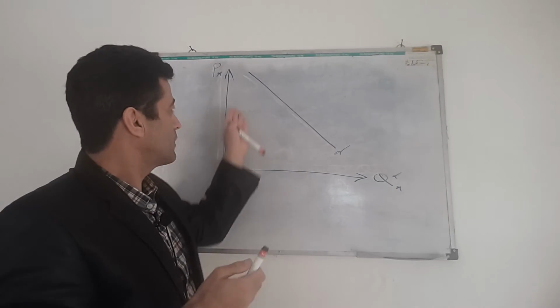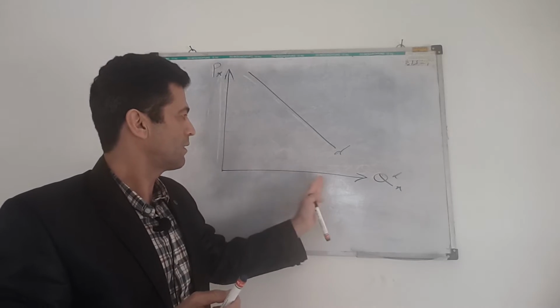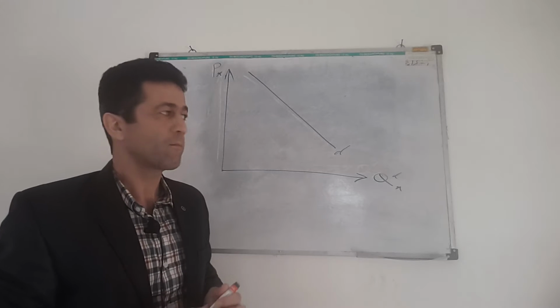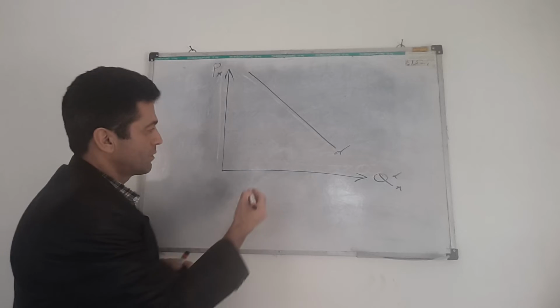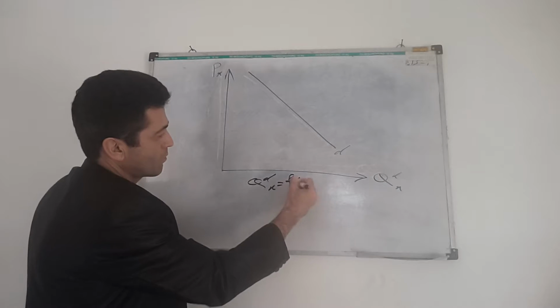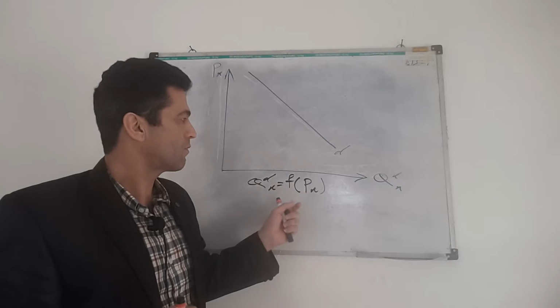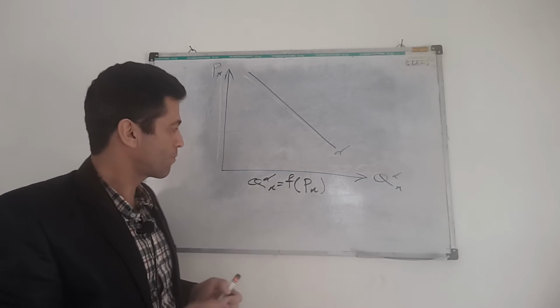Just when the price of it changes, the quantity of demand will change. Quantity of demand for X depends on the price of it with the assumption of ceteris paribus.